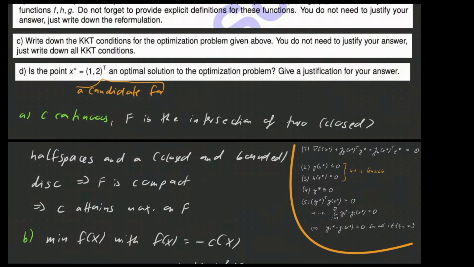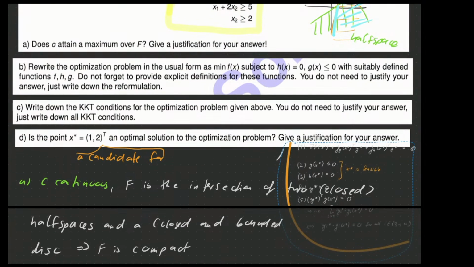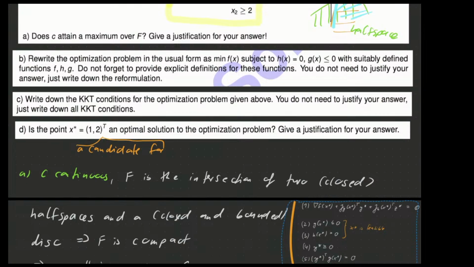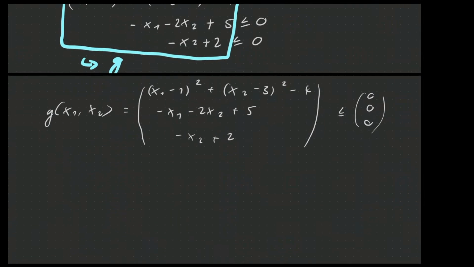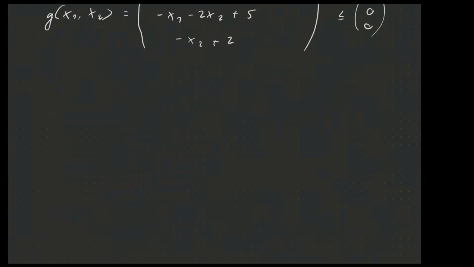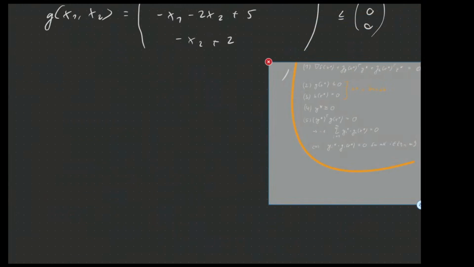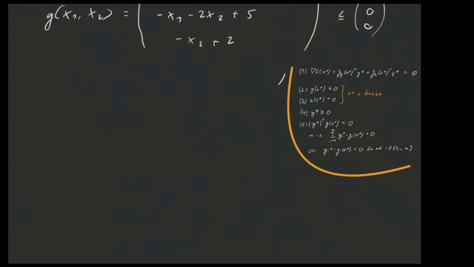C, write down the KKT conditions for the optimization problem. Let's copy that over once again here. So as a reminder, these here are the KKT conditions.